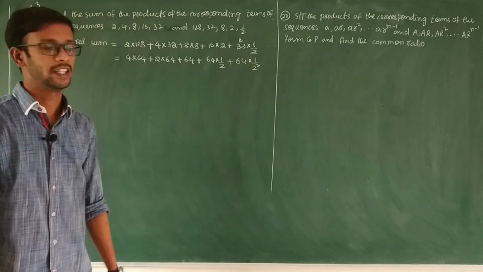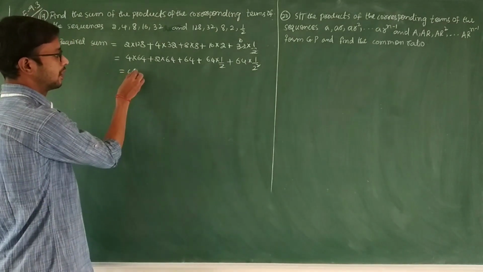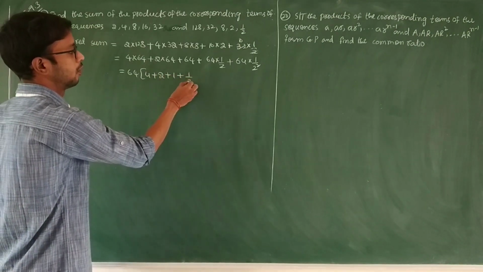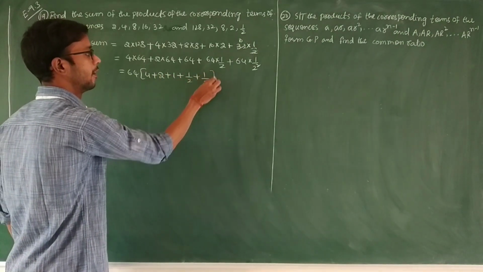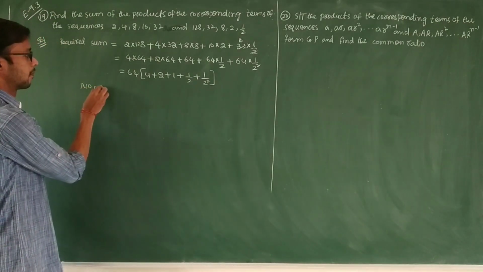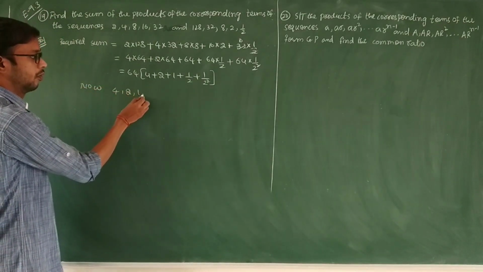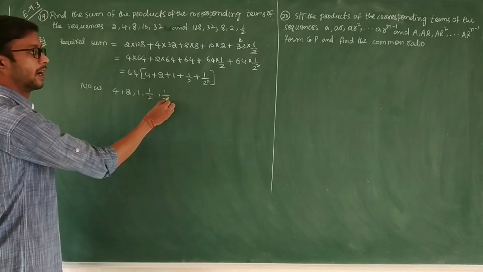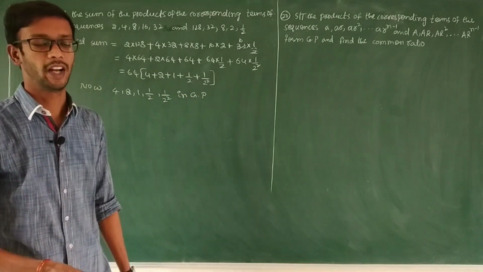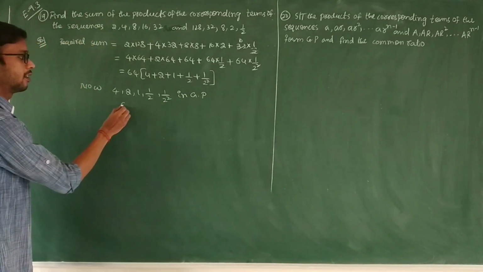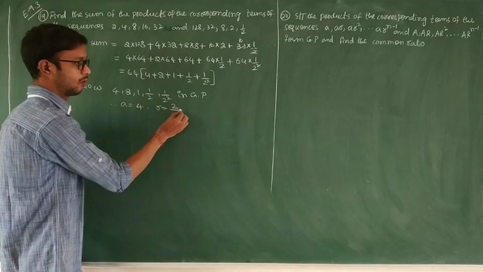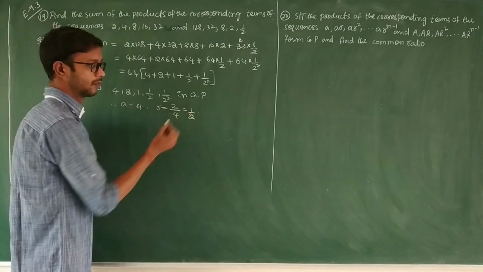Now I make 64 common: 4 plus 2 plus 1 plus 1 by 2 plus 1 by 2 square. Now 4, 2, 1, 1 by 2, 1 by 2 square are in geometric progression. So a is equal to 4, r is equal to 2 by 4, that is 1 by 2.